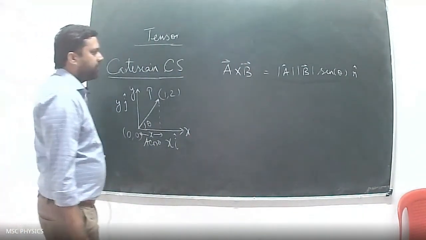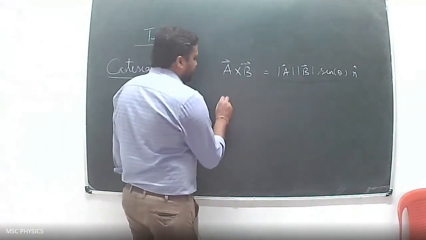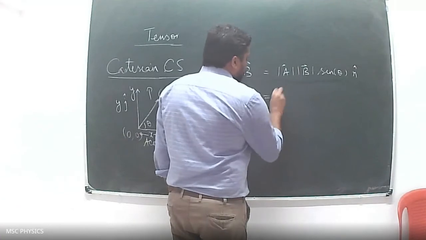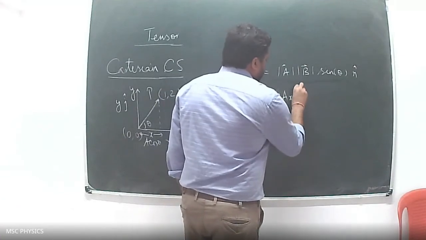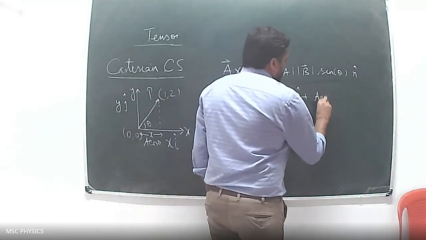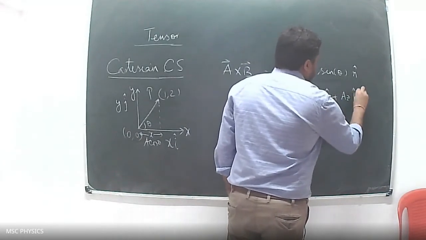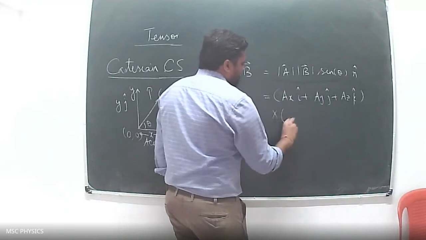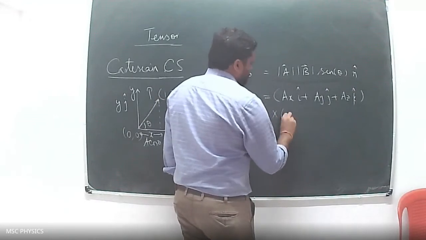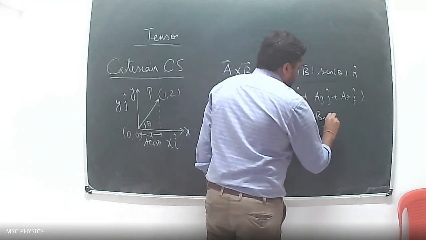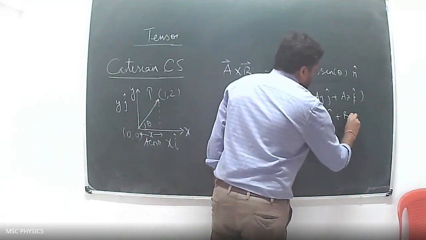All right. So how will I find out A cross B? Again, I will write vector A, AX i plus AY j plus AZ k, cross BX i plus BY j plus BZ k.